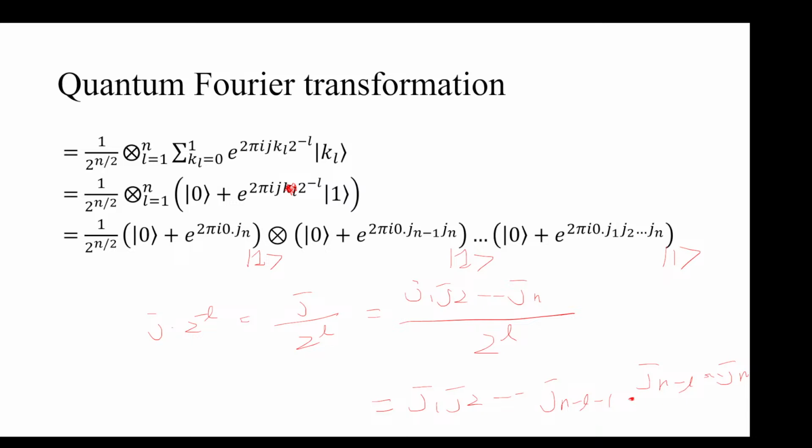For example, if l equals 1, then that's j1, j2, to j(n minus 1) dot jn. So maybe it's easier to see: you have j1, j2 to jn divided by 2, then you are just shifting the period one slot forward, and so you have j1, j2 to j(n minus 1) dot jn.